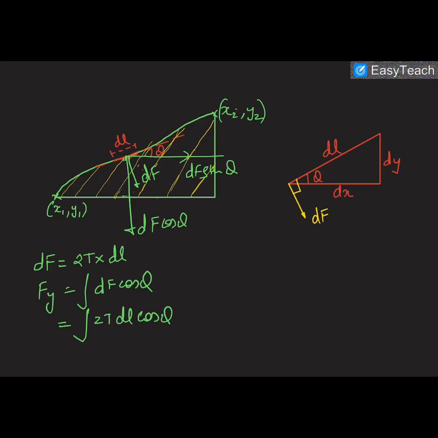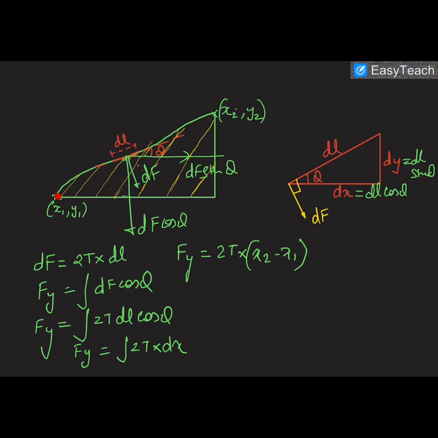You can see that this is dl, dl cos theta is dx, and this is dl sin theta. So we can write Fy is equal to the integration of 2T dx, and 2T is constant, so Fy will be equal to 2T into (x2 minus x1). The integration of dx will be the length of this wire.